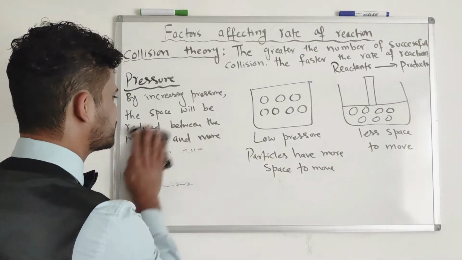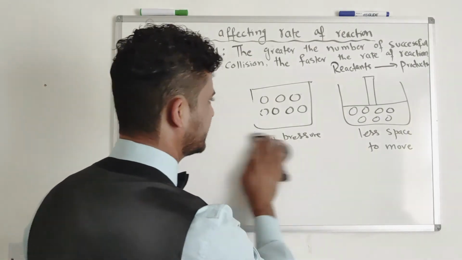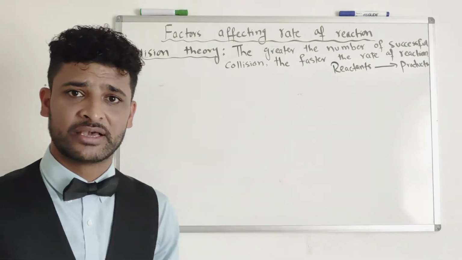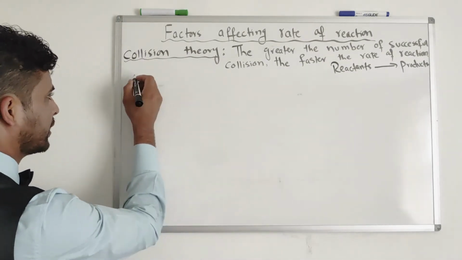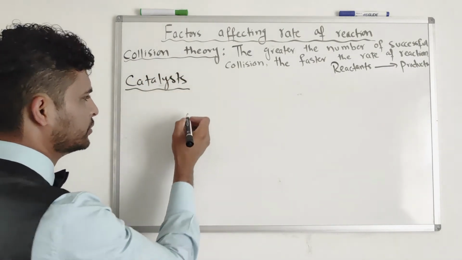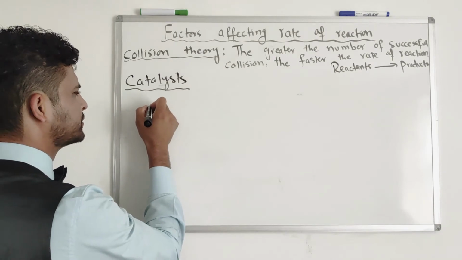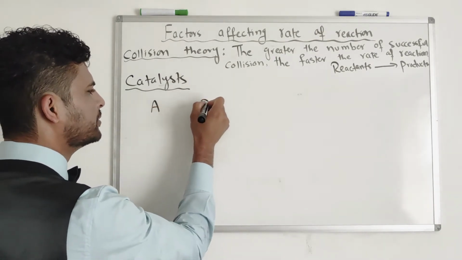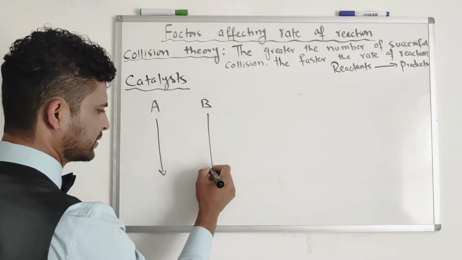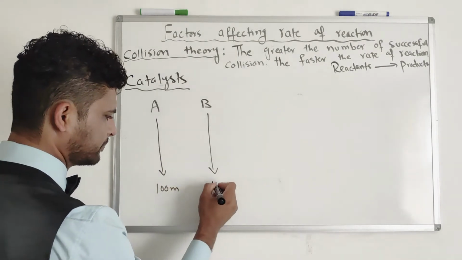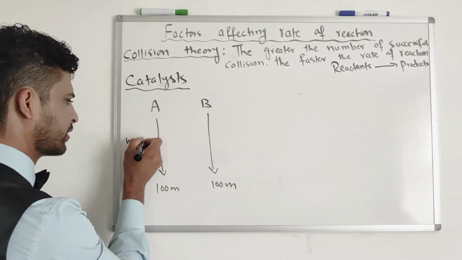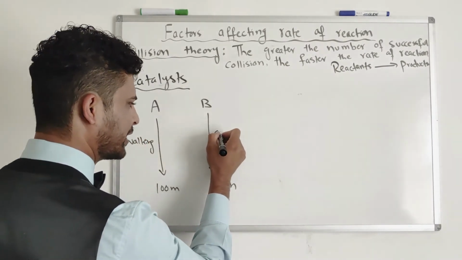Now the second last factor is actually catalyst. I'm going to explain surface area at the end, because there's a reason behind it. So the catalyst. Let's just say Mr. A and Mr. B are both traveling the same distance, like 100 meters, and one of them is walking, and the other one is using a cycle.